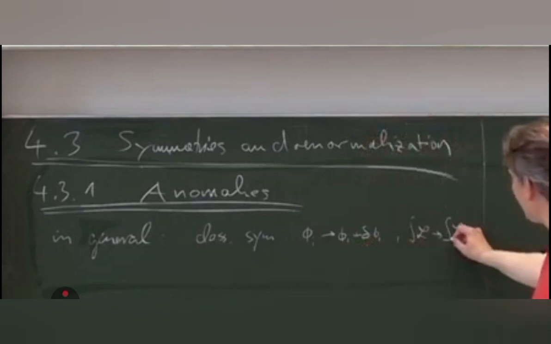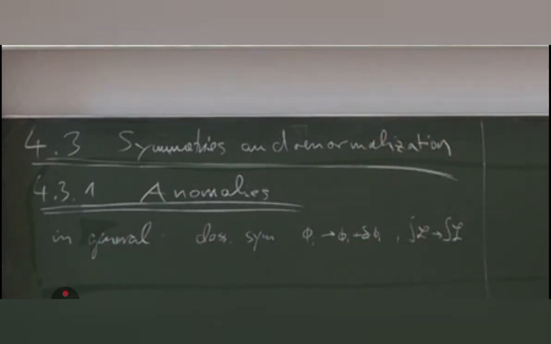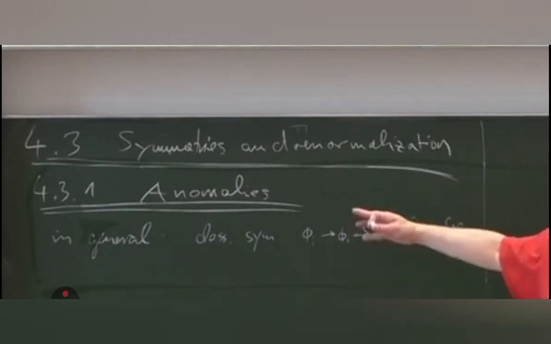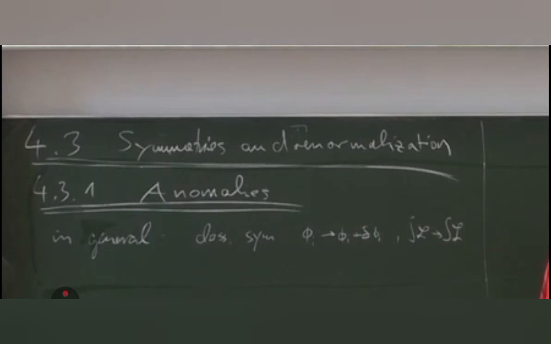Then at the quantum level, in our formulation, it is totally obvious that there is no guarantee that the same symmetry is present as well. We have always stressed that we need to assume this, and at the same time that the path integral measure is invariant. Obviously it can happen that the path integral measure is not invariant, and then maybe the classical symmetry has no quantum counterpart.